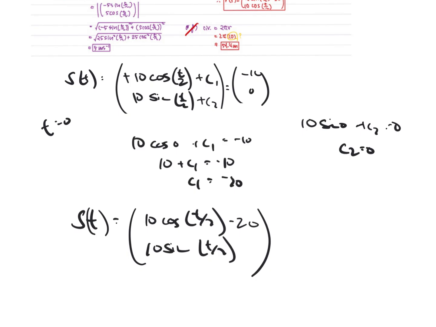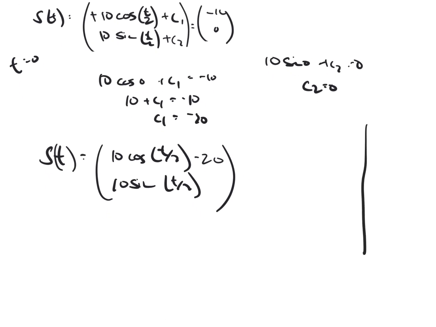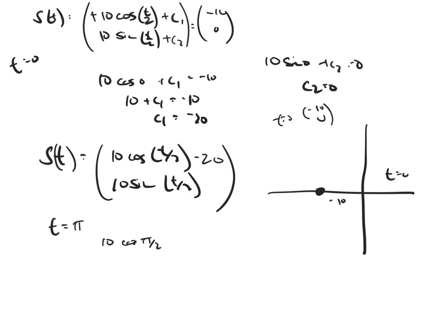So now if we think about our graph, right, we know we start here, and when t equals 0, we're at the point negative 10, 0. So we'll cross negative 10 and up 0. This is when t equals 0, I get negative 10. Now, as t increases, I'm going to make t equal, let's say, pi, which is 3.14 seconds. So then it's going to be 10 cosine pi over 2 minus 20 and 10 sine pi over 2.